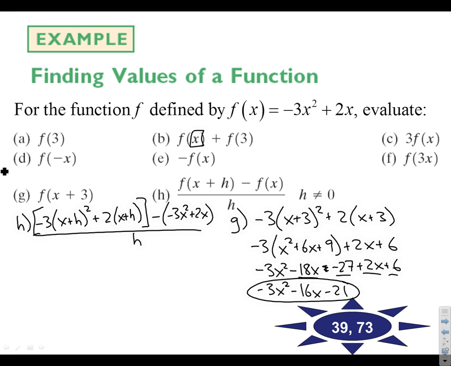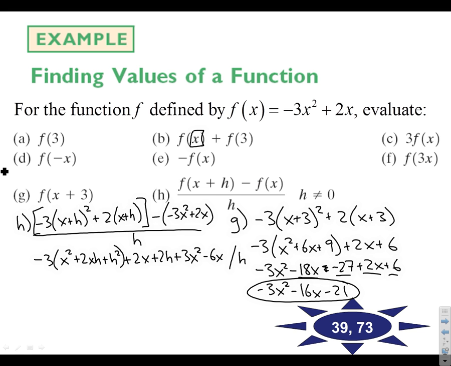So let's clean this up. Negative 3x squared minus 6xh minus 3h squared plus 2x plus 2h plus 3x squared minus 2x. This whole thing is all over h.